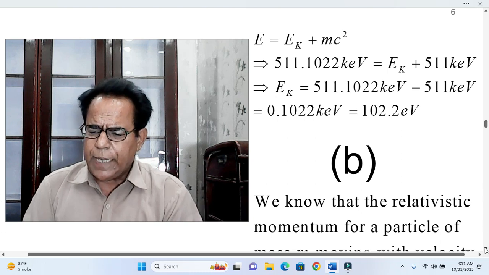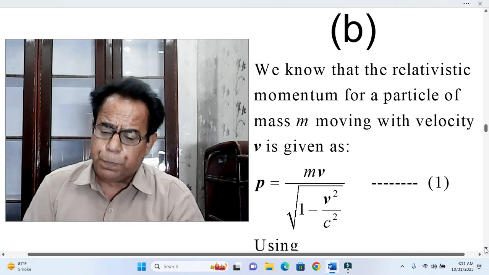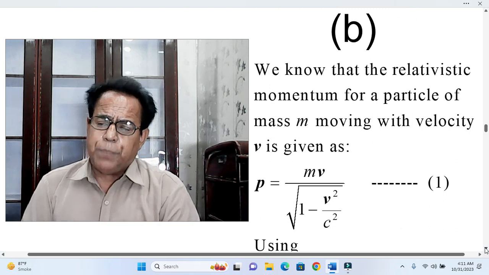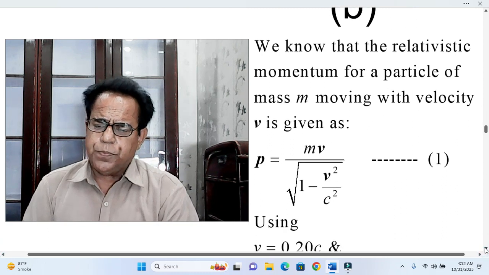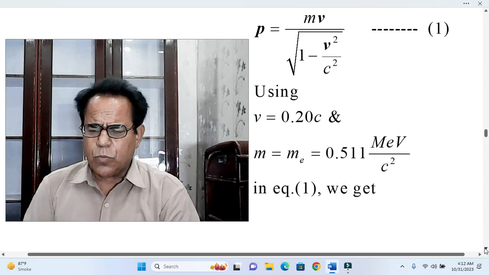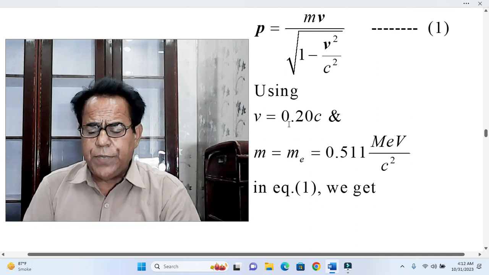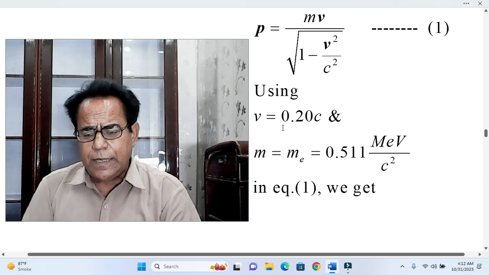Okay, next part B. In part B we have just copied and pasted part A. So as in part A, carry on. Here the only difference is that the value of V is, instead of 0.02, directly 0.2.